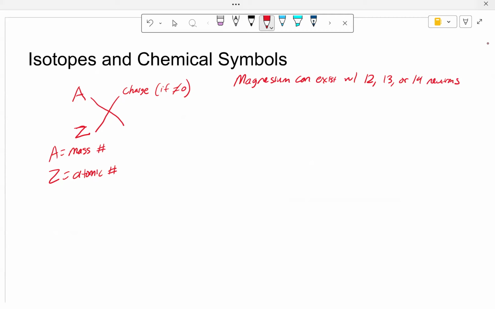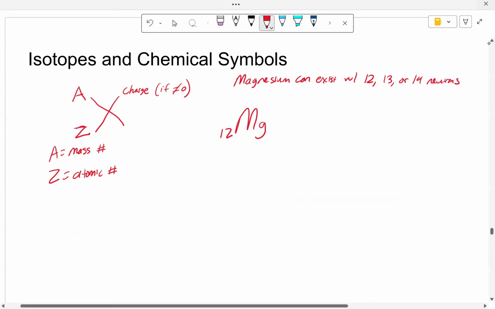If I was going to write the chemical symbol for those three isotopes of magnesium, I have my symbol here. I look at the periodic table to find the atomic number. Magnesium has an atomic number of 12. That doesn't change. And the mass number, if magnesium were to have 12 neutrons, is 24. 12 plus 12. 12 neutrons, 12 protons.